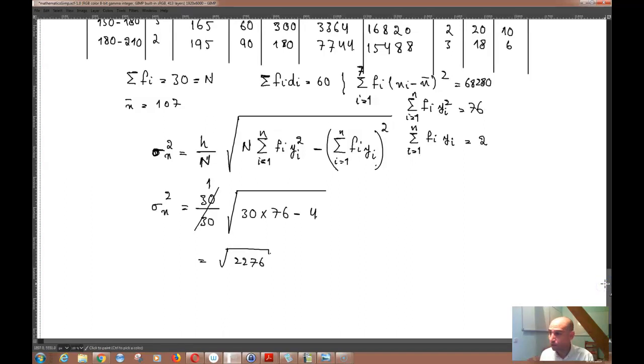But that is actually sigma of x squared. Now over here what we are required to calculate is, I see, the frequency distribution, mean, and variance. Variance is sigma squared, of course.